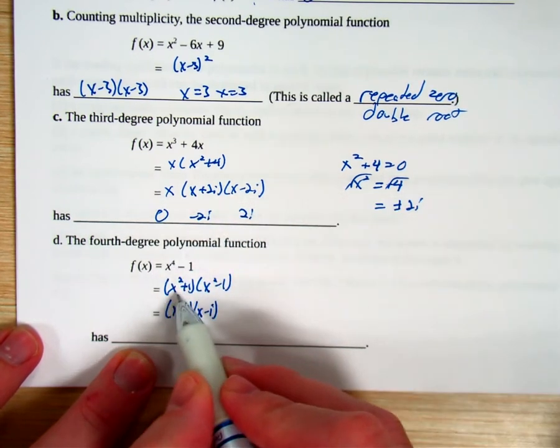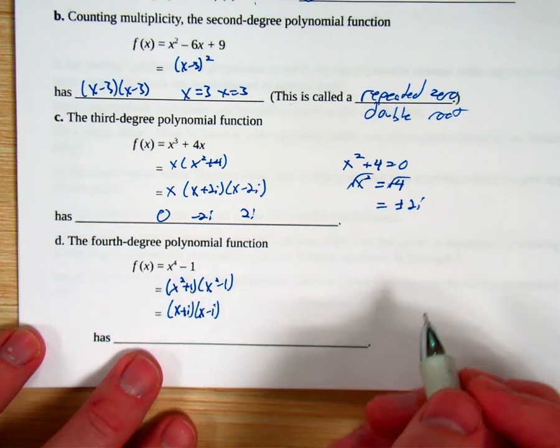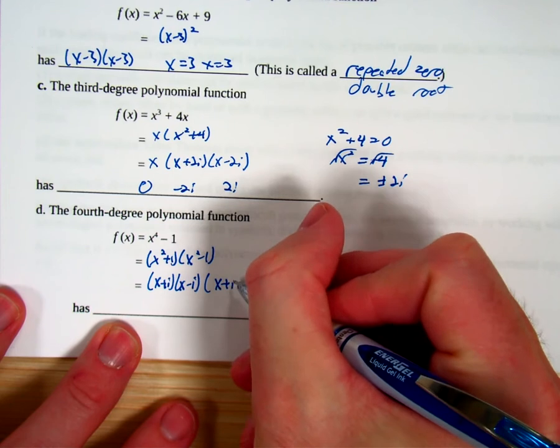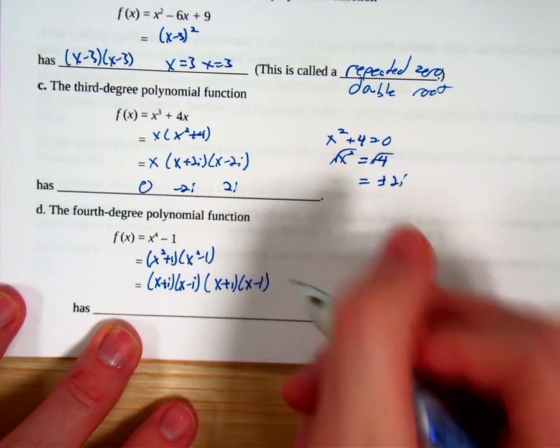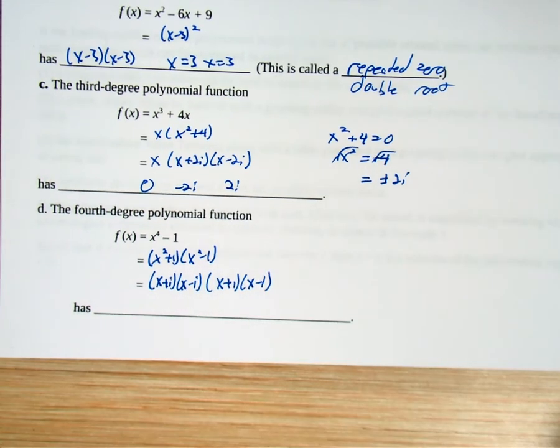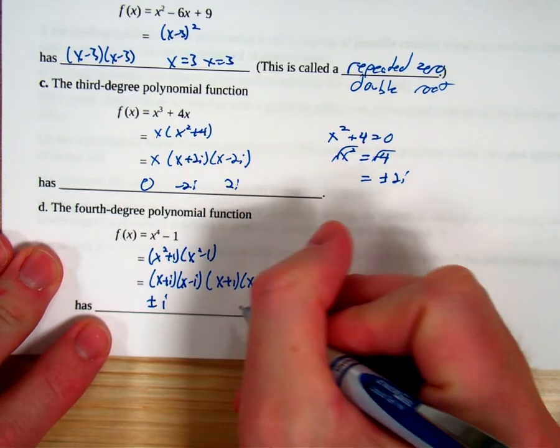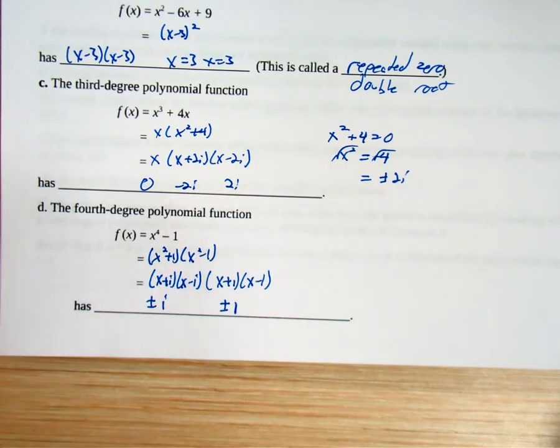And again, if you want to prove that, you can go over here and do it on the side. x squared minus 1 is x plus 1, x minus 1. For our 4 roots of plus or minus i and plus or minus 1. So that was basically almost everything that we talked about in Algebra 2, all in one page.